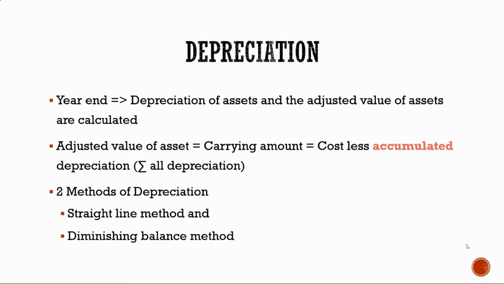Accumulated depreciation is the sum of all the depreciation for the period you've used it so far. Depreciation is calculated every year. It is an expense account. But to keep track of how much that item has decreased by, we accumulate it in an account called accumulated depreciation. It's a negative asset account, and that is how we keep track of the actual carrying value of that asset.